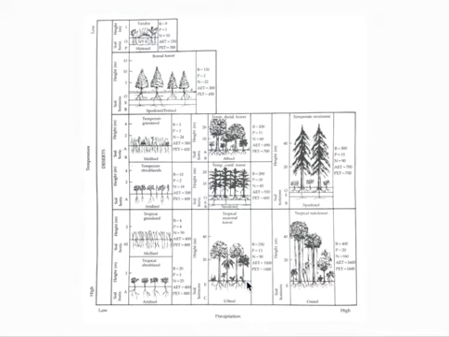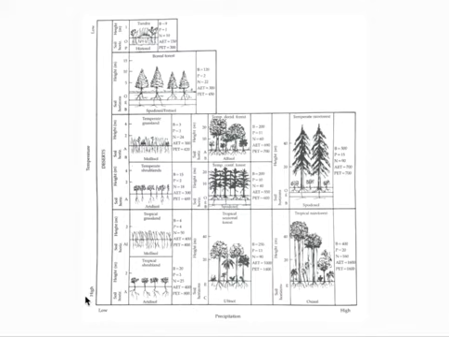Here's another representation of this, and you've seen a diagram like this. I've referred to this as a Whittaker diagram, where we have precipitation on one axis and temperature on the other axis. On the bottom, we have the precipitation axis, where we have low precipitation or dry conditions over on the left, and as we move toward the right, we have increasingly high precipitation.